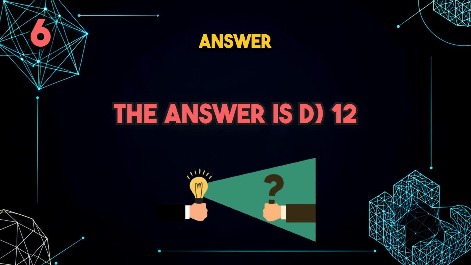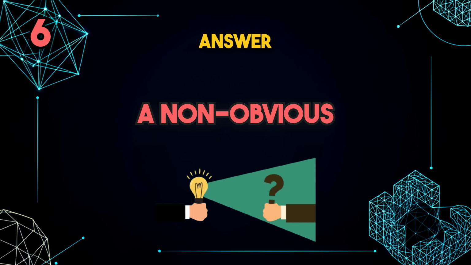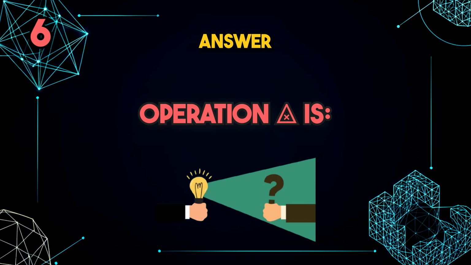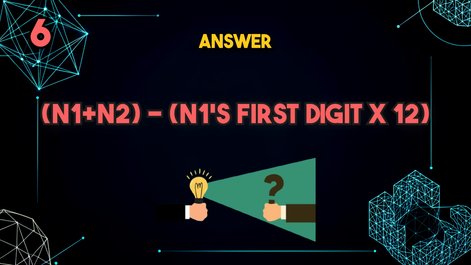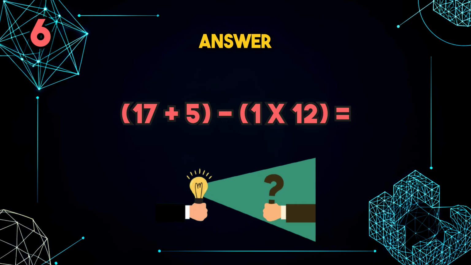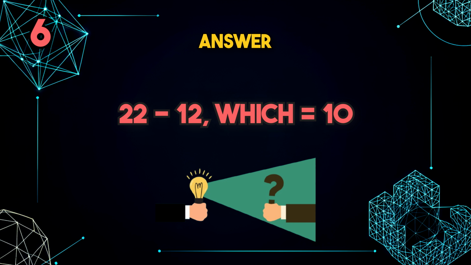The answer is D, 12. This requires identifying a non-obvious arithmetic function. The rule for the operation triangle is number 1 plus number 2 minus number 1's first digit times 12. For the example, 17 triangle 5, 17 plus 5 minus 1 times 12 equals 22 minus 12, which equals 10.